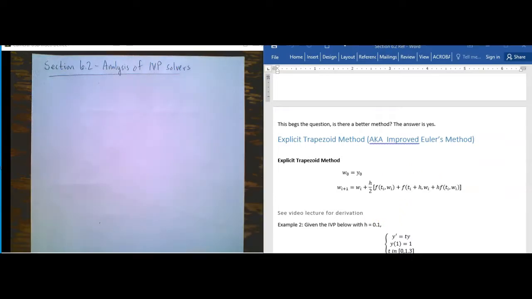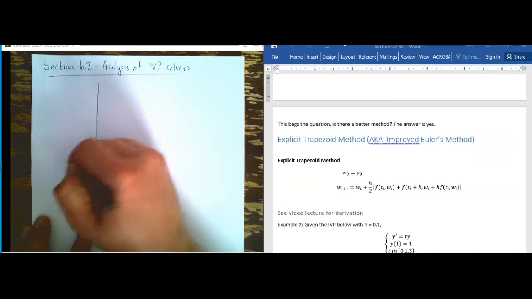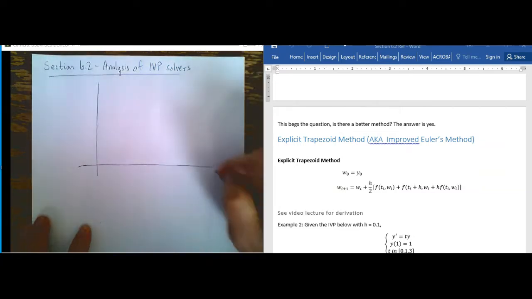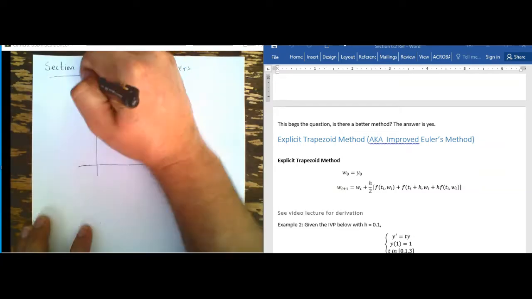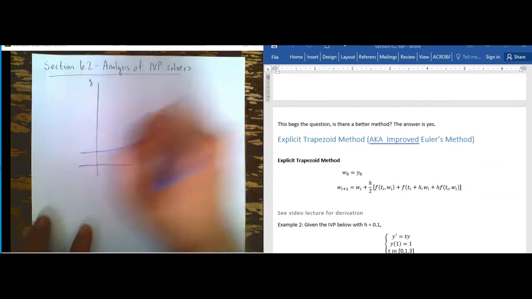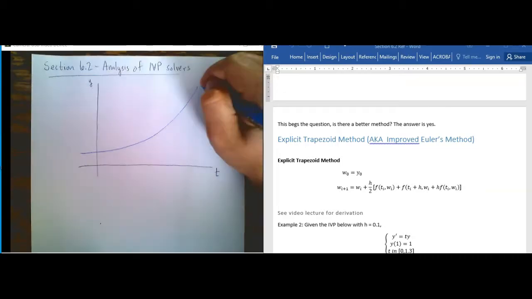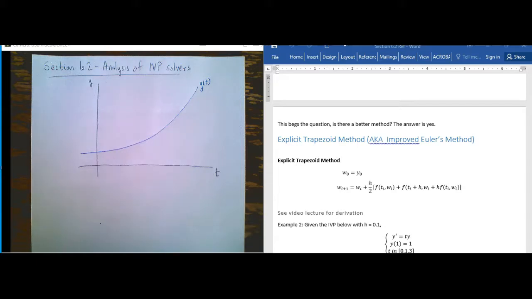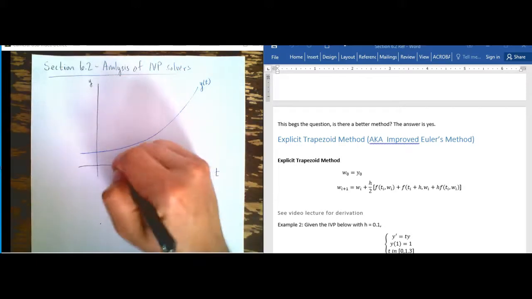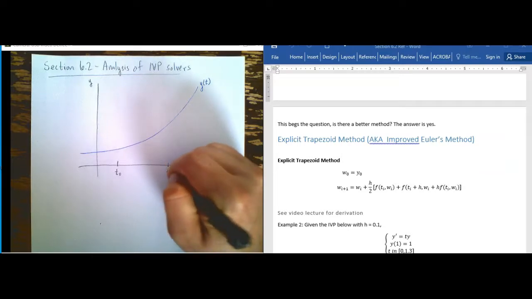All right, so here's how we're going to derive the explicit trapezoid method, or improved Euler's method. Let's start with our graph. Here is our t-axis, here's the y-axis. Say we have this function here. Okay, so this is y of t. Recall with Euler's method, let's say we have our t0 here, and t1 right there.